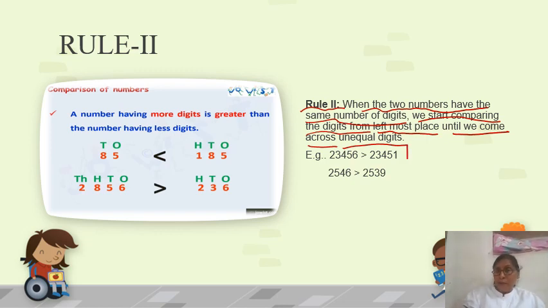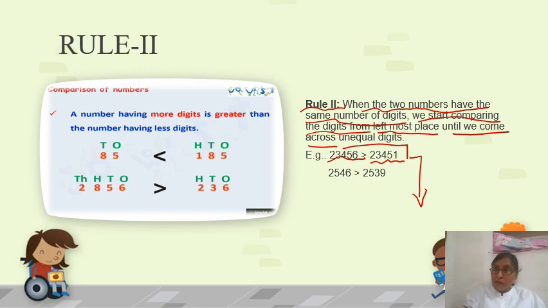Let's see an example. 23456 is greater than 23451. How? In this number, you count the digits 1, 2, 3, 4, 5. In this number, also count the digits 1, 2, 3, 4, 5. Both the numbers are 5-digit numbers.